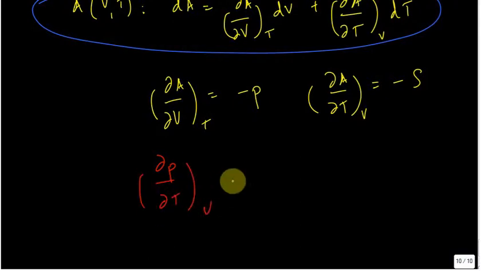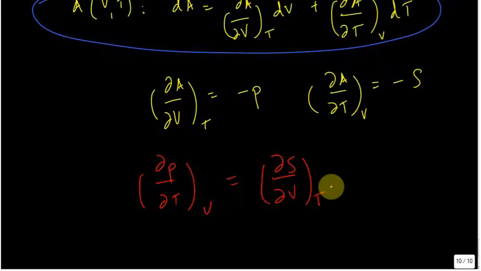dT at constant volume is equal to dS/dV at constant temperature. I mean, you don't have to remember it.